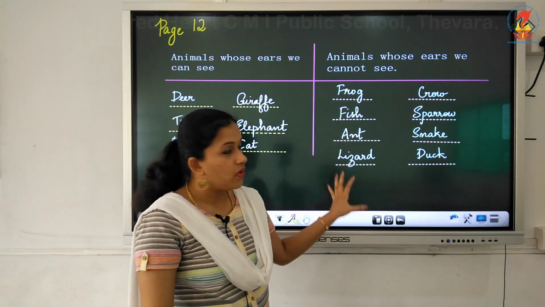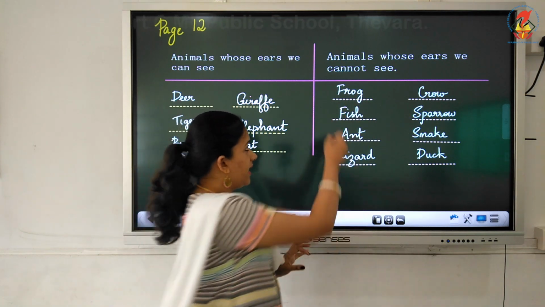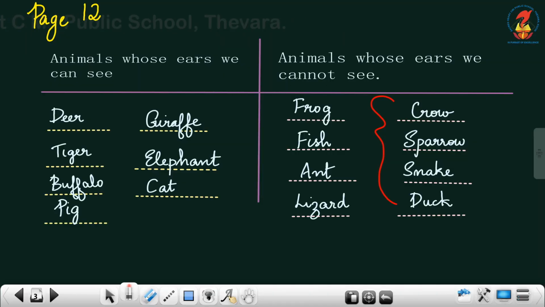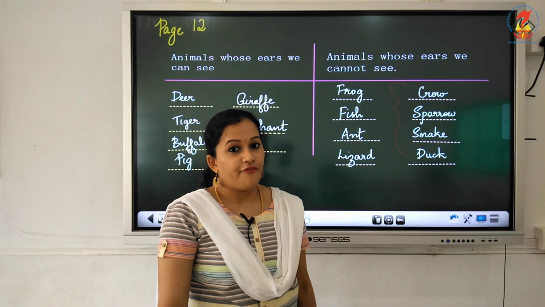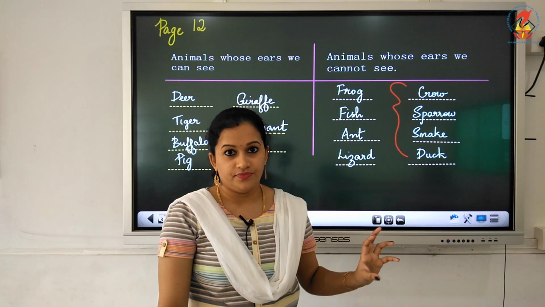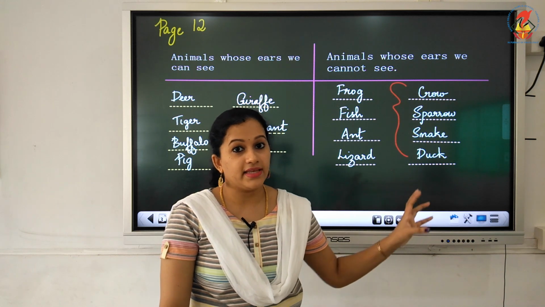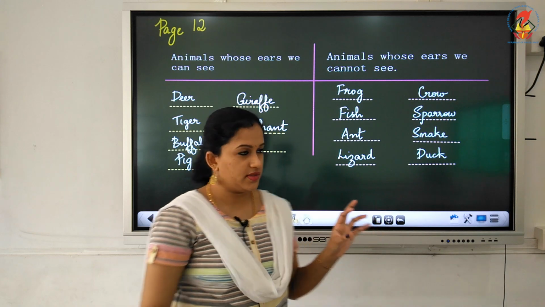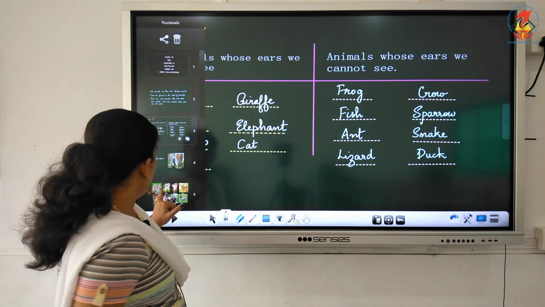Do you think that all these animals that I have listed over here, as you cannot see their ears, are deaf? No, isn't it? They also can hear. Only thing is that they don't have external ears. Okay, so let us see about that.